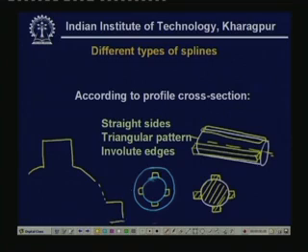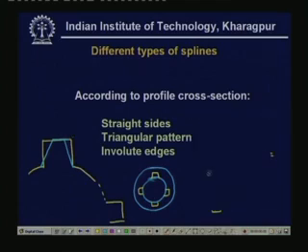Also, there may be a triangular pattern, something like this, or involute edges. Now, what are involute edges? The gear profiles, for example, involute gear profiles are possible.